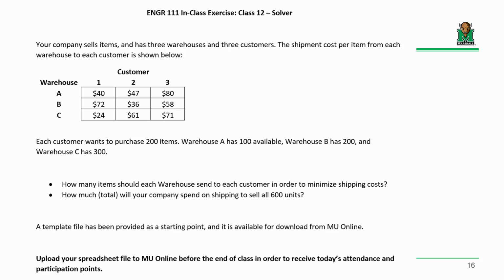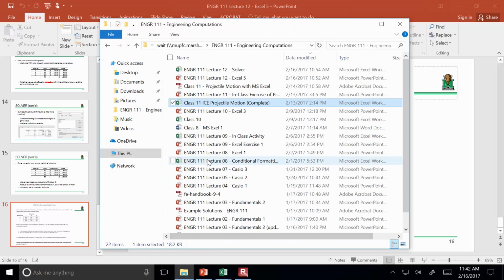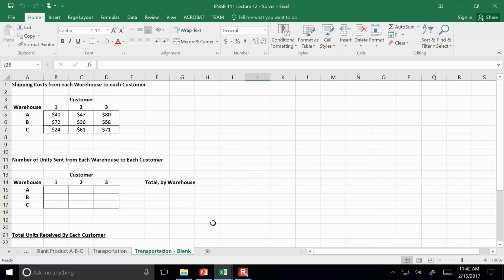So there are some constraints that are described here, and there's a starting file that you can use. It's available on MU Online. So go to MU Online and find the starting point for this one. It's got the costs, and then put in the constraints, which is that you have to send 200 items to each customer, but what we're trying to figure out is which warehouses should you send it from to minimize the shipping costs.